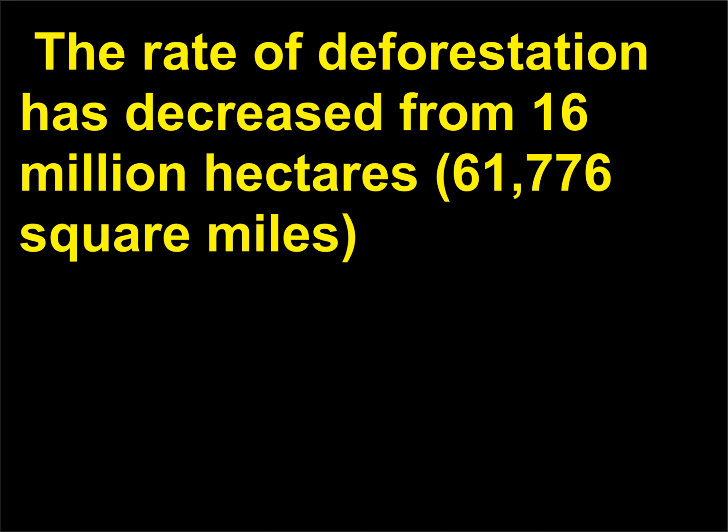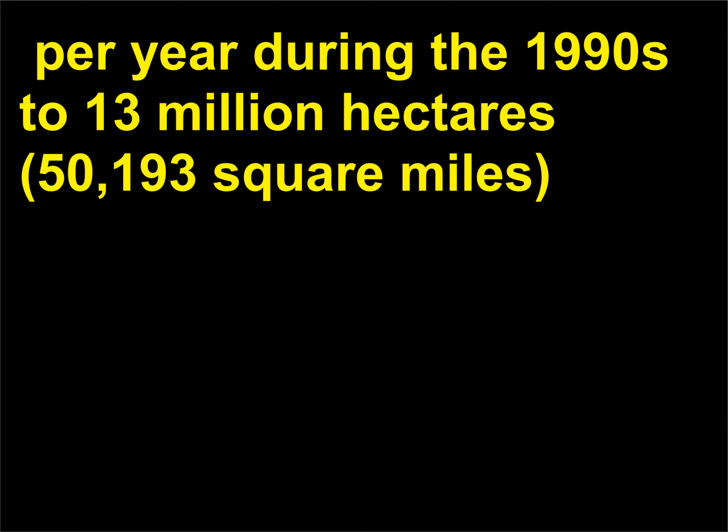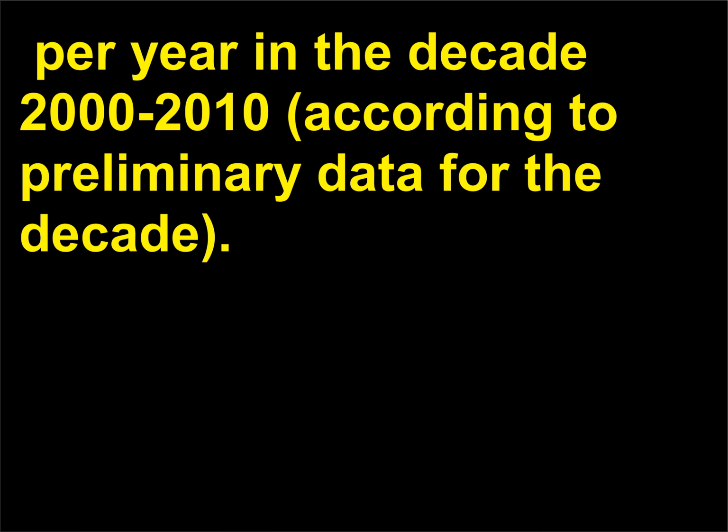The rate of deforestation has decreased from 16 million hectares, 61,776 square miles, per year during the 1990s to 13 million hectares, 50,193 square miles, per year in the decade 2000 to 2010, according to preliminary data for the decade.